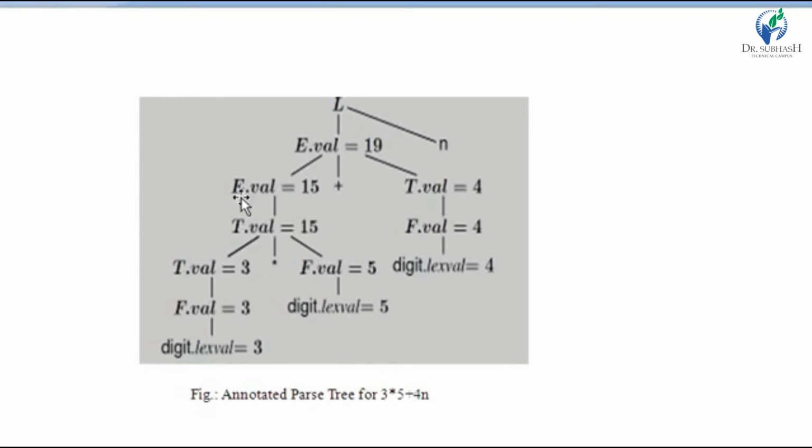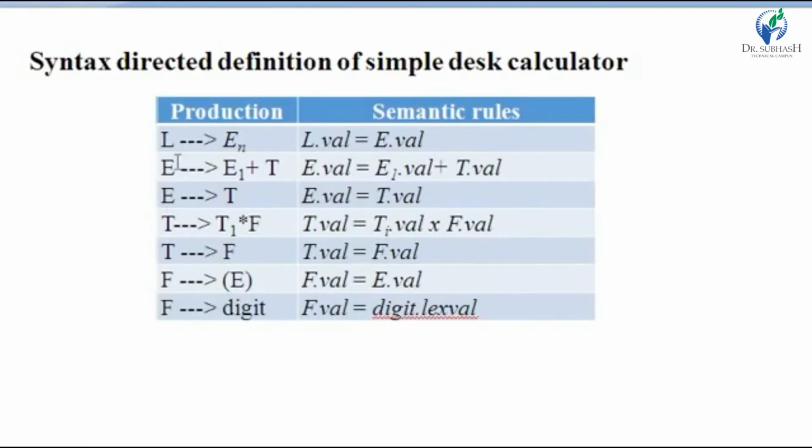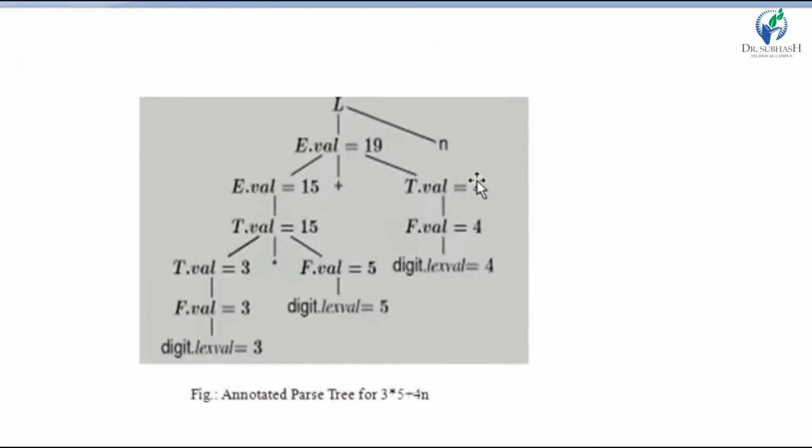Now you have a production like E plus T. E.value is equal to 15 plus T.value is equal to 4. Do we have a production like E plus T? Yes, E gives E1 plus T. So E1.value plus T.value is stored in E.value. So 15 plus 4, which is 19, is stored in E.value. So E.value is equal to 19.